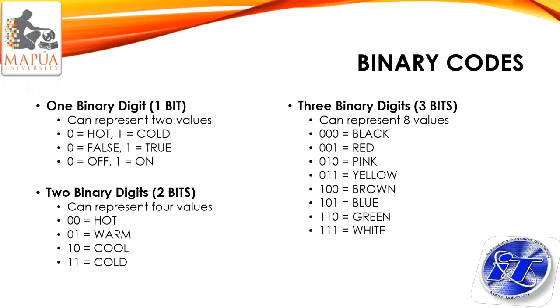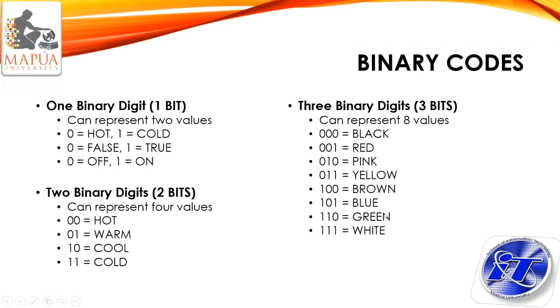For example, 000 represents black, 001 represents red, 010 represents pink, 011 represents yellow, 100 represents brown, 101 represents blue, 110 represents green, 111 represents white.